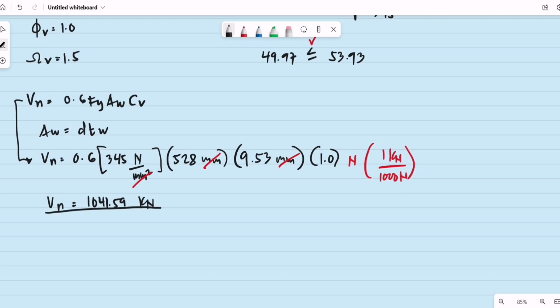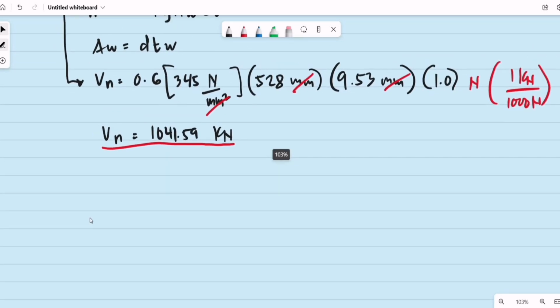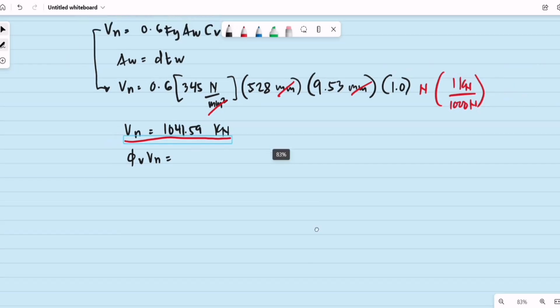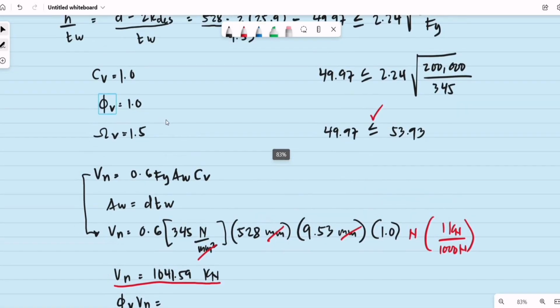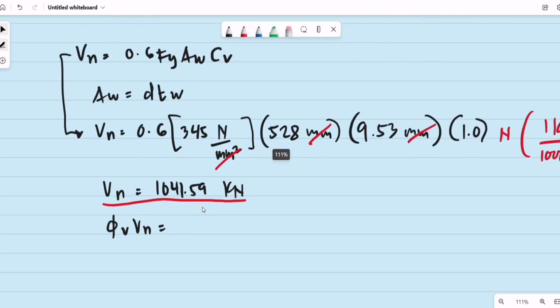So if you are to check its nominal capacity or the ultimate capacity, the V sub U, we are to use the reduction factor, the P sub B multiplied by the V sub N. But for this case, again, for an I shape, the value of the P sub B is only equal to 1.